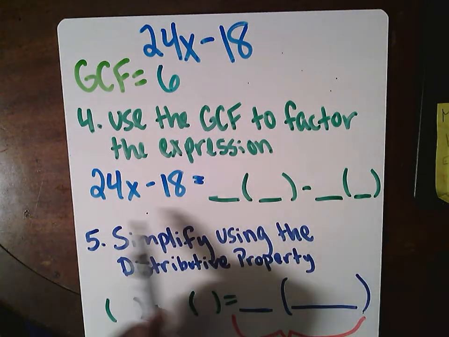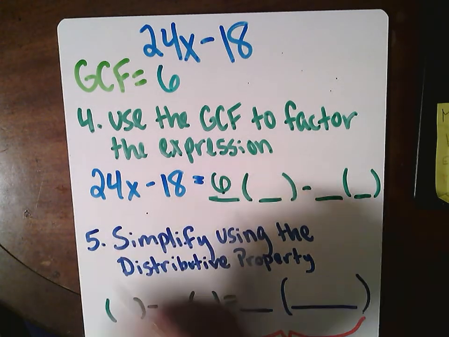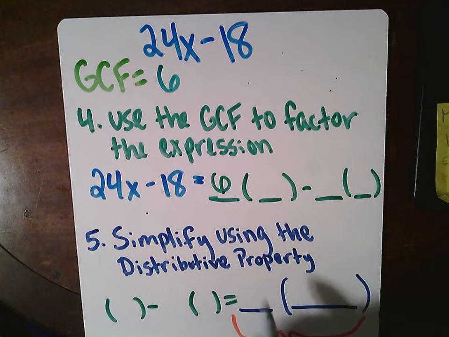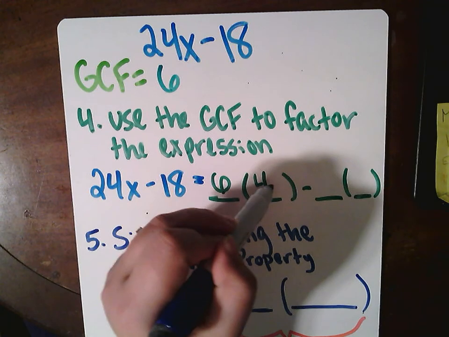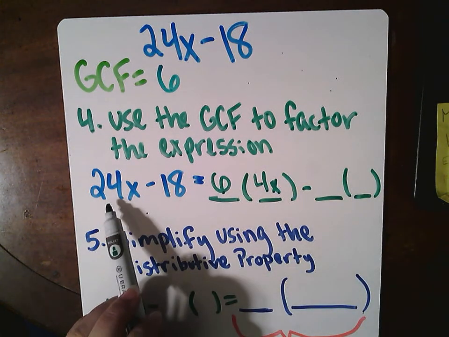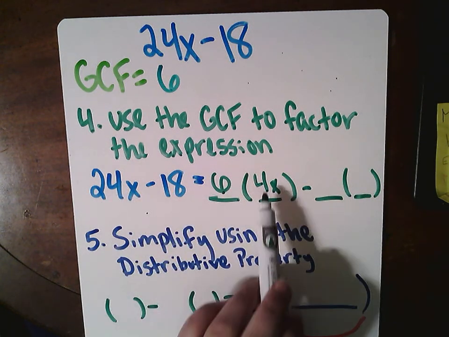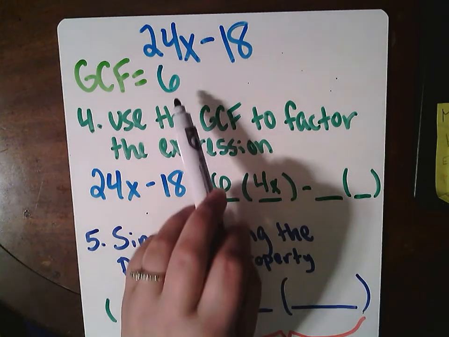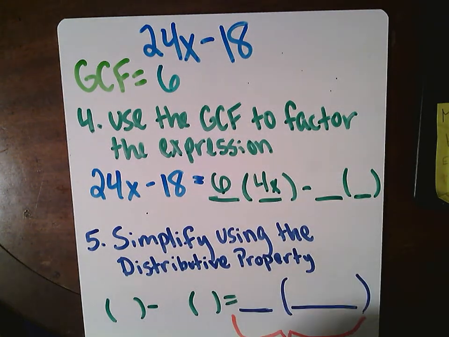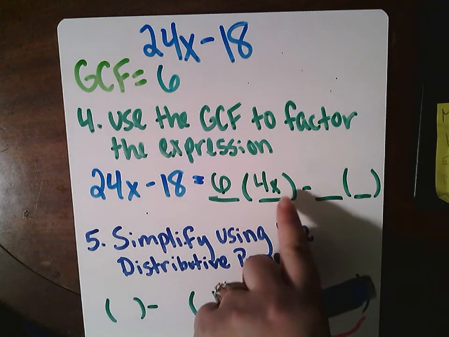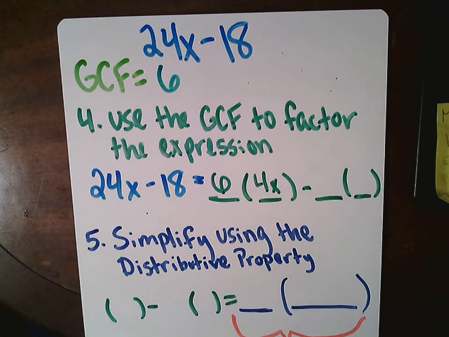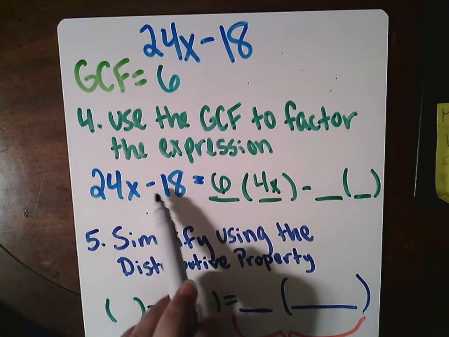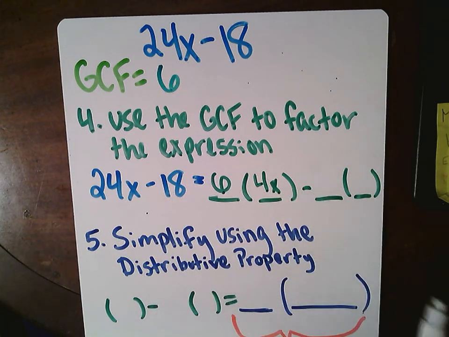I'm going to take out a 6 from 24, and when I do that, I'm left with a 4x, because 24 divided by 6 is 4, and I keep my x because my common factor was not 6x, so I'm just taking out the 6. I'm not taking out the x. That stays inside of the parentheses. We are subtracting over here, so we will subtract here.